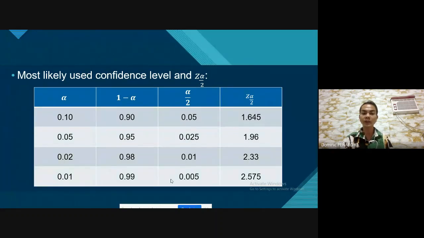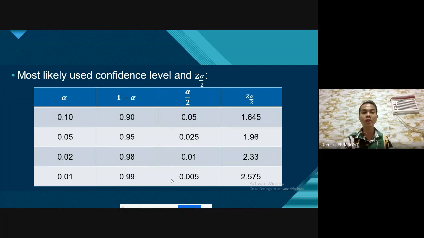Now, if your alpha is 0.10, meaning to say that the confidence level is 90%. If your alpha is 0.05, the confidence level is 95%. If your alpha is 0.02, the confidence level is 98%. And if your alpha is 0.01, the confidence level is 99%.